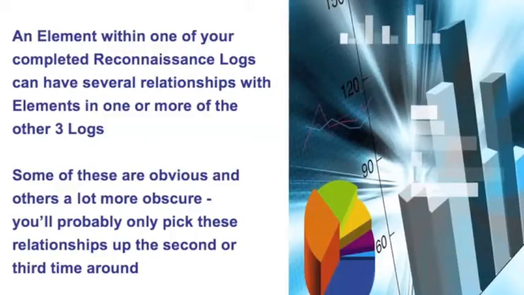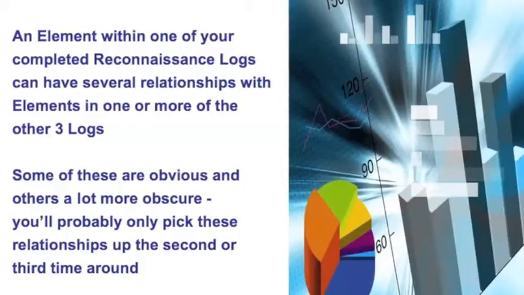And basically what we're concerned with here is an element within one of your completed reconnaissance logs, which can have several relationships with other elements in one or more of the other 3 logs.